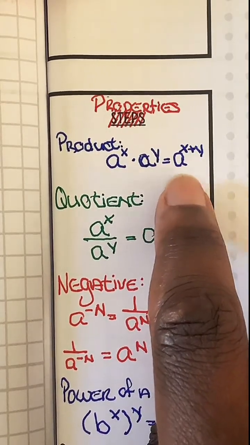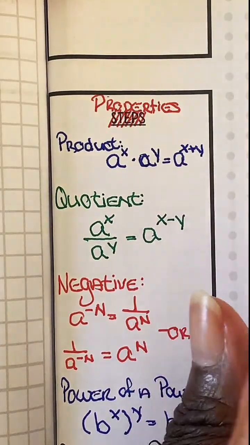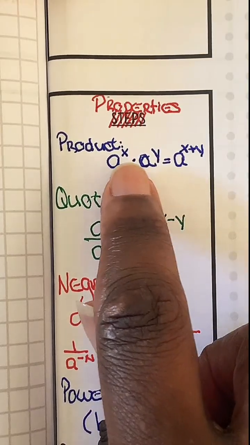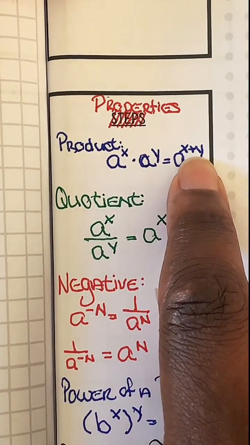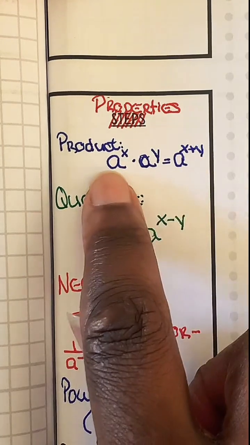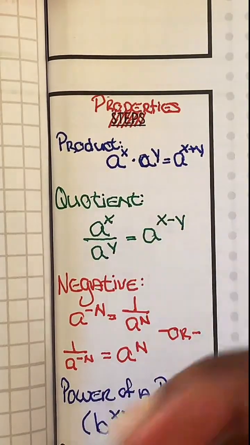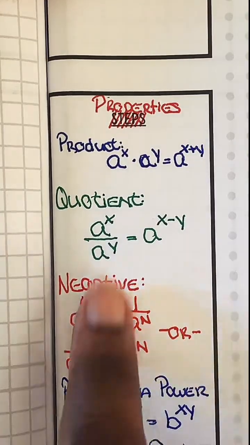We had a problem like this yesterday, and a lot of people were like, wait, how did you get that? Because of the properties of exponents, when they have the same base and you are multiplying, you can add your exponents. If there are different bases and you're multiplying, guess what? You can't add your exponents because your bases are not the same.